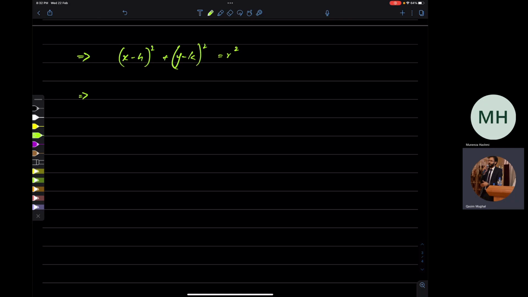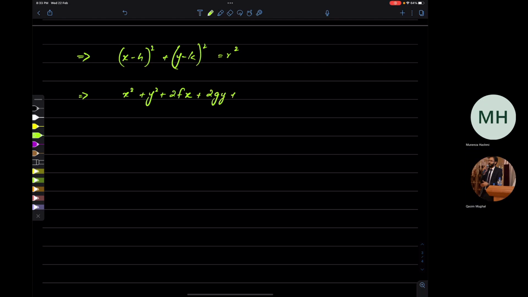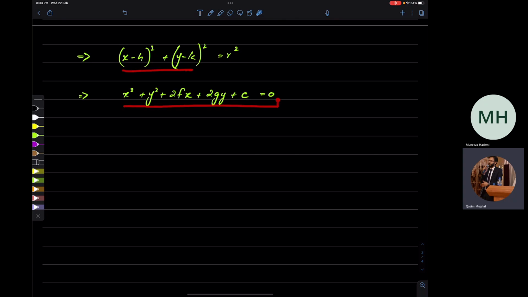That is x squared plus y squared plus 2f into x plus 2g into y plus c equals 0. If you expand this and do a little bit of rearrangement, you should be able to get an equation which matches this format. Okay?